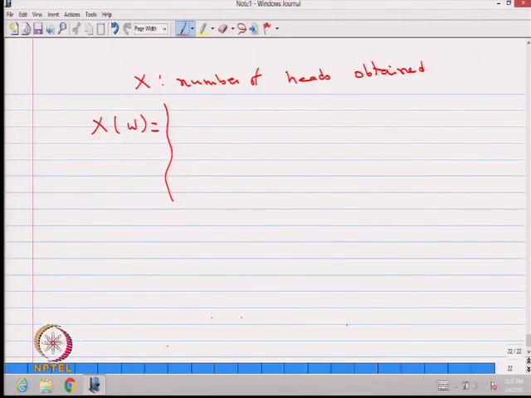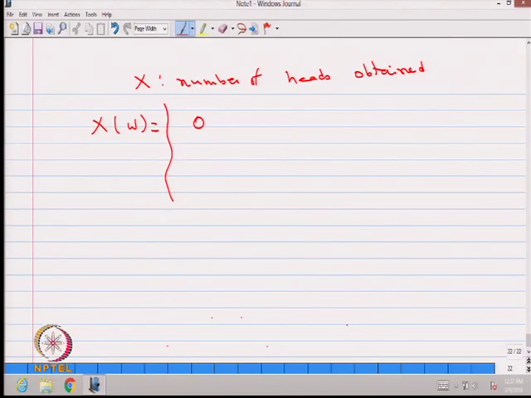Since it is a number of heads, there is a possibility of no heads, or you may land up with only one head or two heads. Therefore, the possible values are 0, 1 or 2. You can list out which omegas will give 0, 1 and 2.